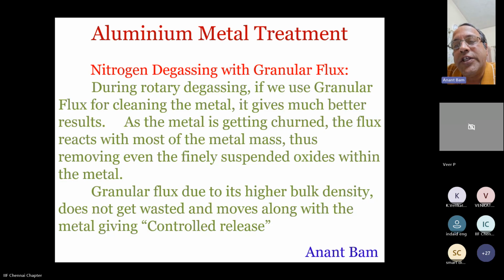Granular flux, due to its high bulk density, does not get wasted and moves along with the metal, giving controlled release for the total time cycle of degassing. Usually granular fluxes last for about 15 minutes. If unfortunately the degassing cycle exceeds 15 minutes, then you have to top up granular flux once again. Next slide, please.